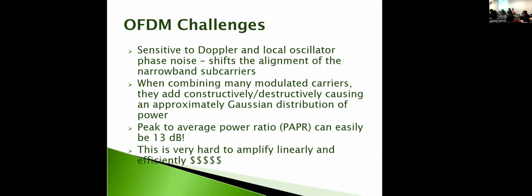We could spend an hour talking about that, or a whole course on that actually. But that makes your power amplifier design very challenging. It's very hard to amplify linearly and efficiently, so that leads to a lot of money in your power amplifiers. It's big on the base station, but it also has an impact on your handset, because your handset's not putting out 10 watts, it's putting out maybe 100 milliwatts or something like that.